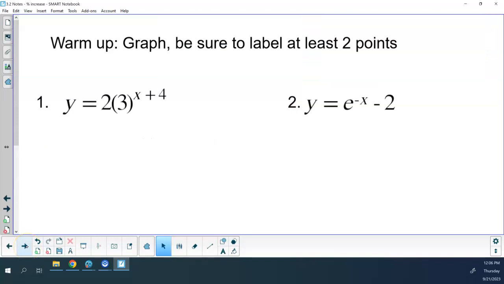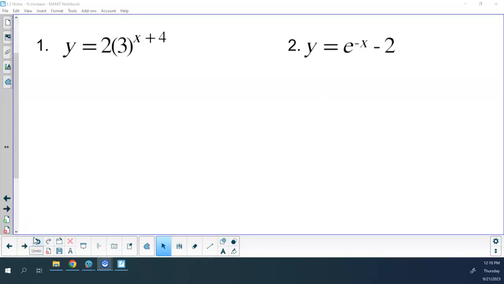So, quick warm-up here for you today. If you would be so kind as to graph and give me at least 2 key points on these 2 exponential functions, please. Alright, so if I had to pick 2 key points for this first one, I would pick an x value of -4. If I do that, then I get a y value of 2, so I would go through the point -4, 2.